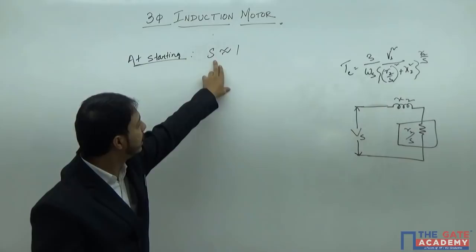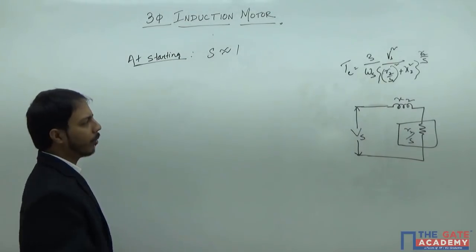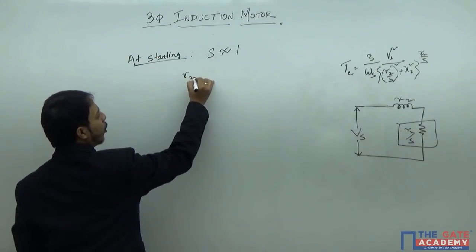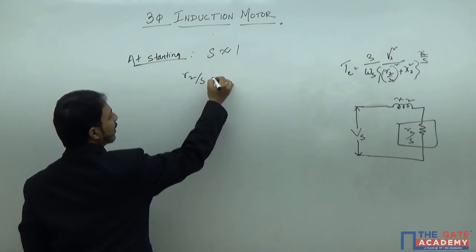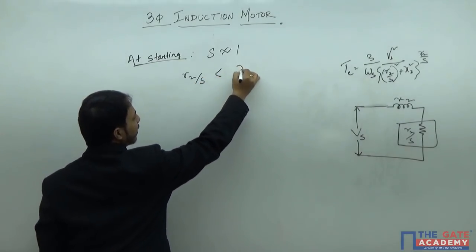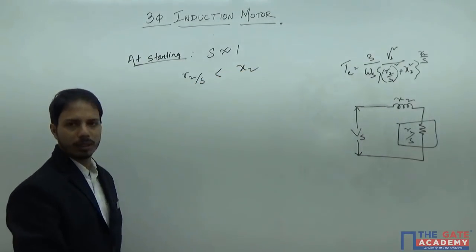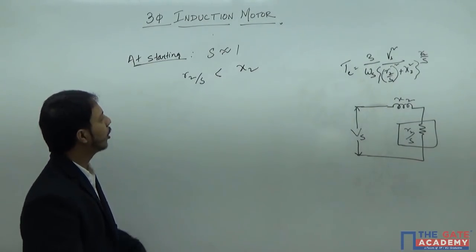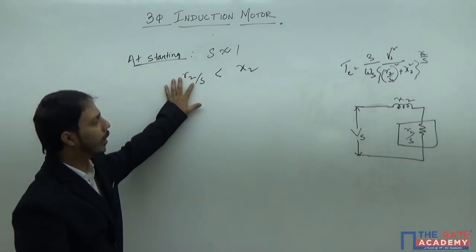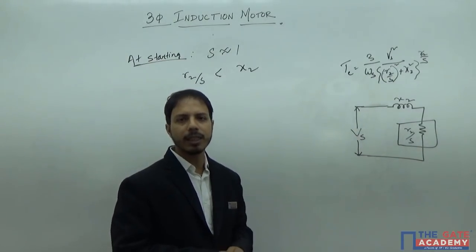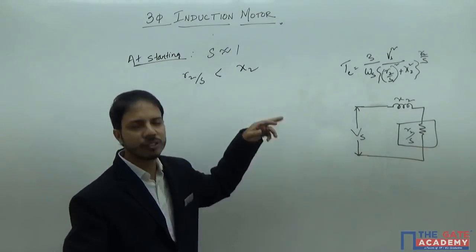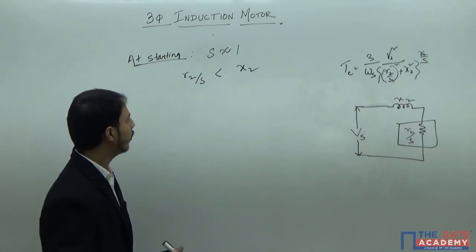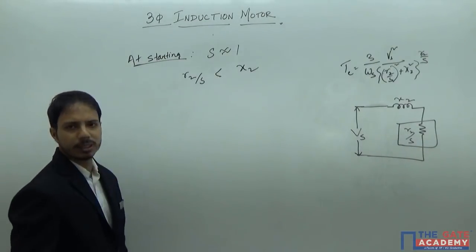When the slip is almost equal to 1, R2 by S is less than X2. Because the resistance is actually very less than the reactance of the windings. These are copper wires, so the resistance will be very less.